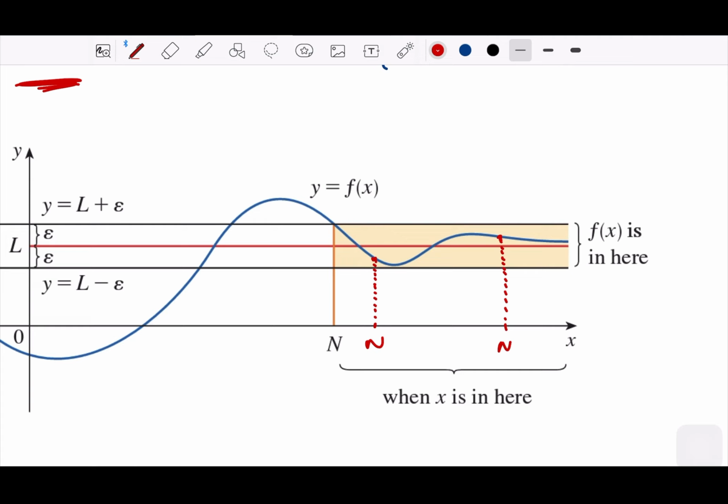Which means that no matter what the graph is, if we have the limit at infinity, when we take x as large as possible, the distance between f and L will always stay within this epsilon value. There will be consistency in this epsilon value.